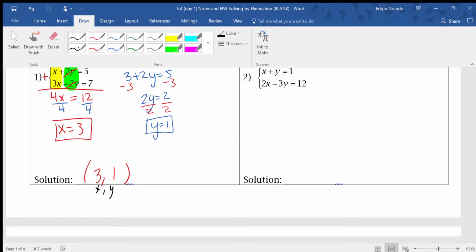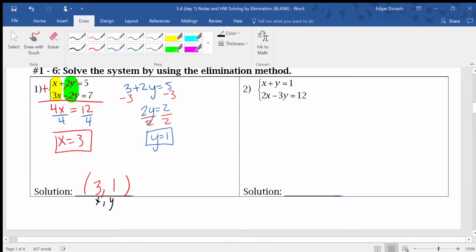Okay, let's go ahead and try out number 2. So, yet again, let's ask ourselves and actually look at both of these columns. Let's look at our x's and let's look at our y's. Well, for the x's, I have 1x and 2x.